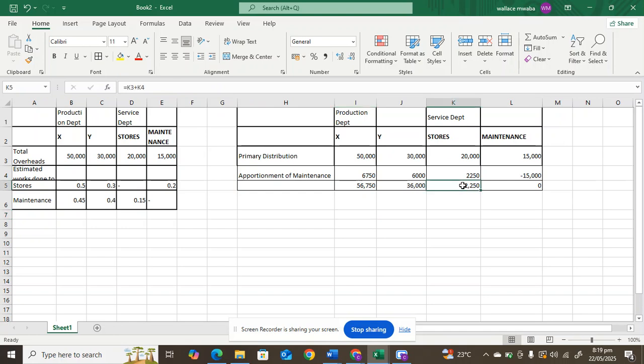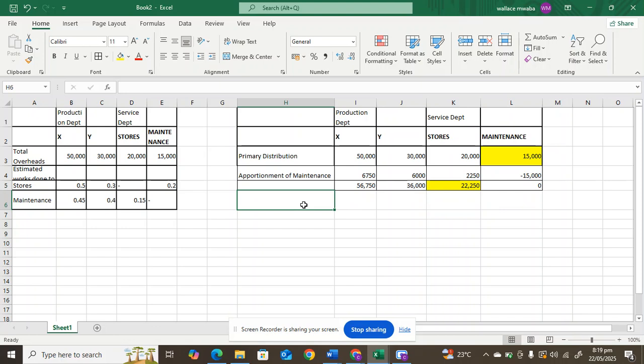Okay. Now, the next thing we need to do is reapportion the amount for stores. This is 22,250. I'll be highlighting the amounts that need to be reapportioned. This 22,250 has to be reapportioned back to Department Y, Department X, and back to maintenance. With the repeated distribution method, unlike the other methods where we would have just distributed from stores to X and Y and ended, you have to redistribute back to the other service department.